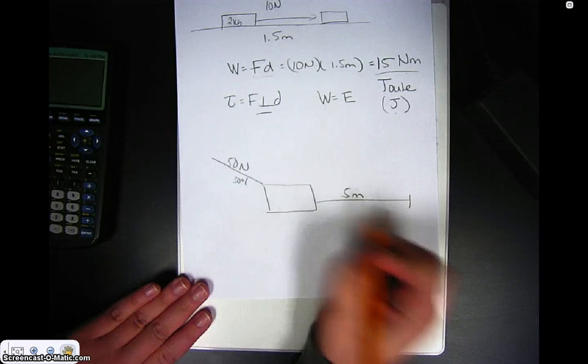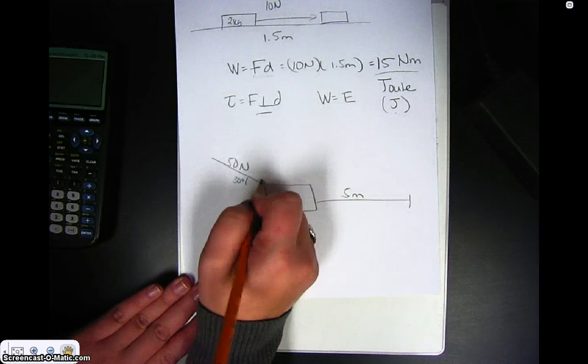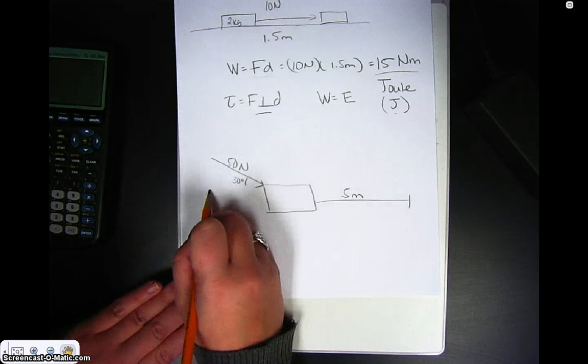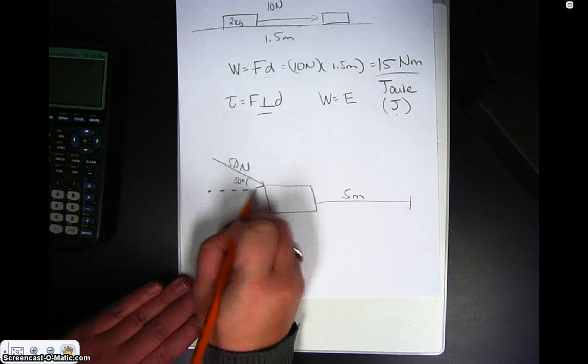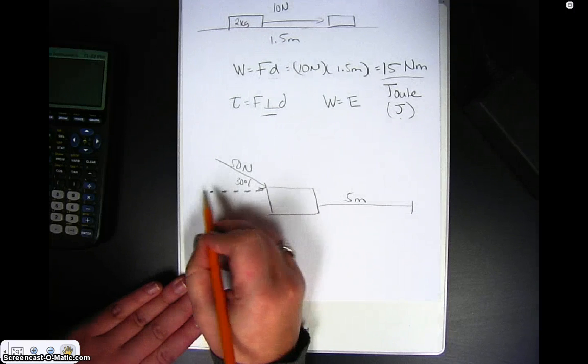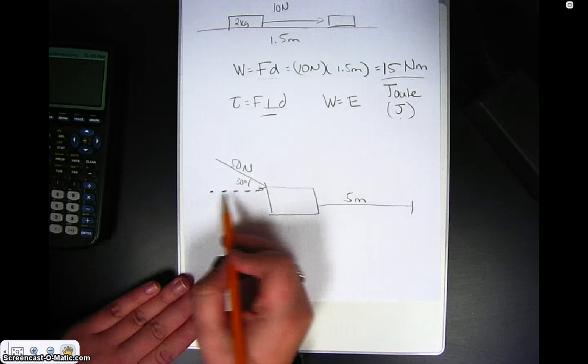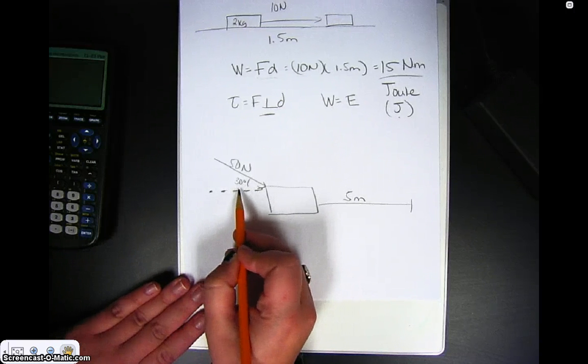Remember that the only force that contributes to the work is the force parallel. So we would be dealing with this x component because it is parallel to the displacement. And this would be the adjacent, so that's why we would take the cosine of 30.